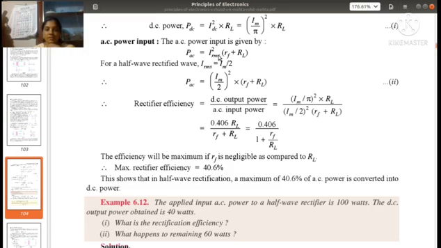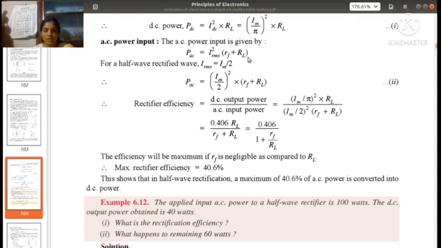The resistance is the sum of the diode resistance plus load resistance, Rf plus RL. For a half wave rectified wave, IRMS is nothing but Im by 2. So the AC power is equal to Im by 2 whole square, substituting Im by 2 instead of IRMS, into Rf plus RL.